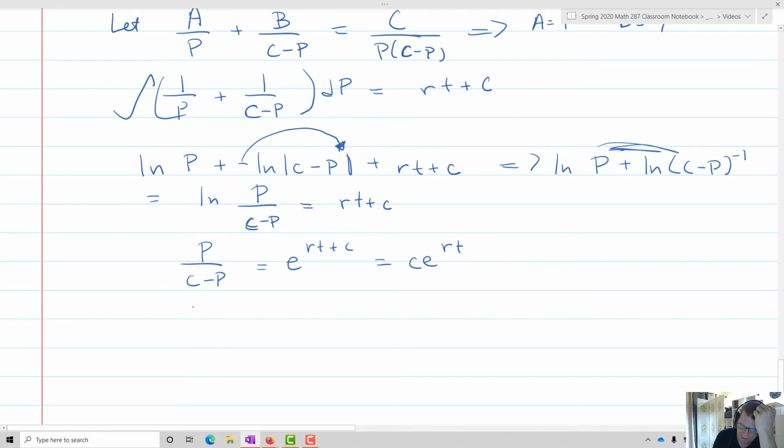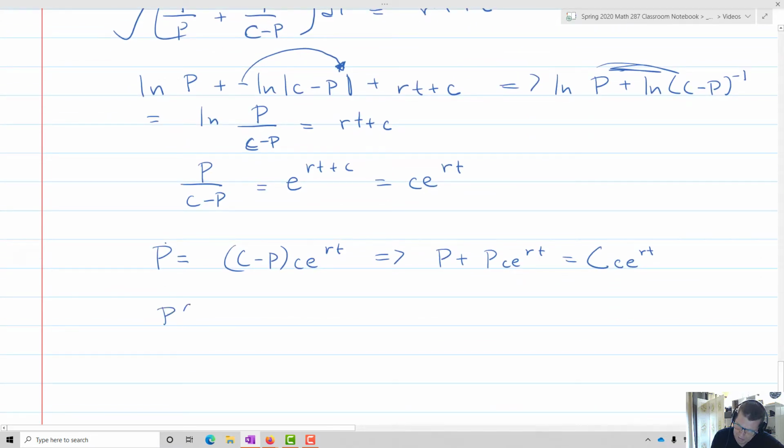And so now I'm left with some algebra to solve for p. We end up with p equals c minus p times c e to the rt. This then is going to be p plus p c e to the rt equals c times c e to the rt.